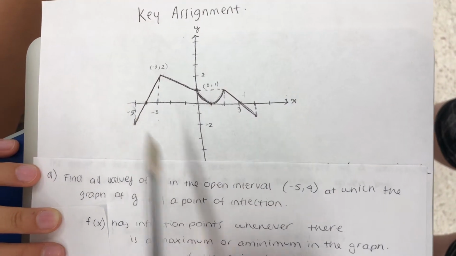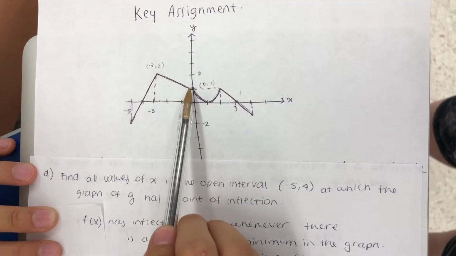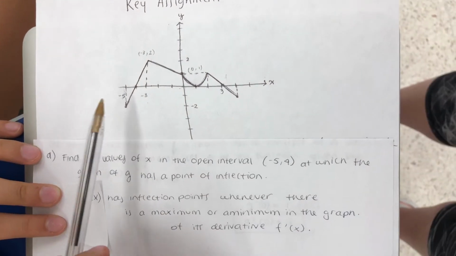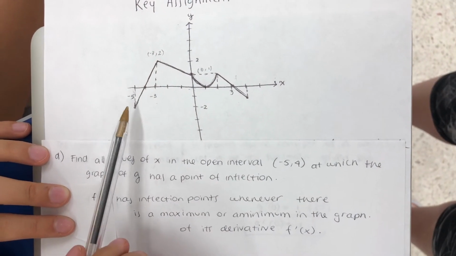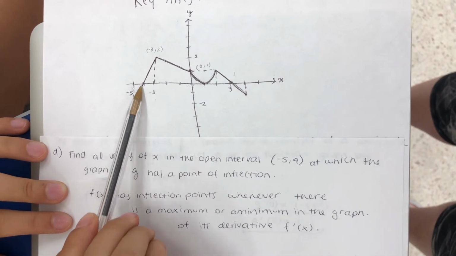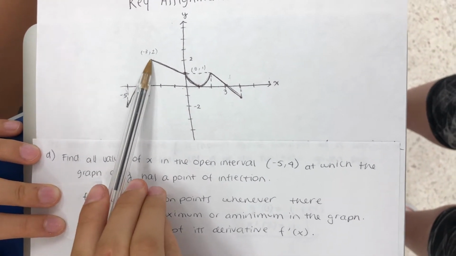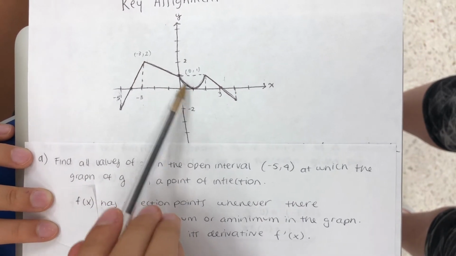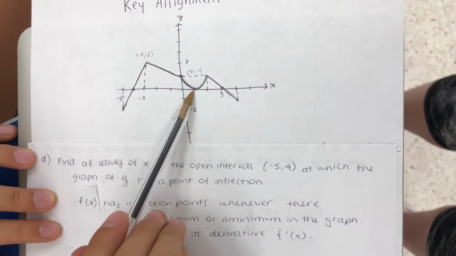So here in the graph, we can see that we have maximum and minimum points here, here, here, and here, because we see in the graph that whenever the function increases and starts to decrease, we will find a maximum, and whenever the function is decreasing and begins to increase, we will find a minimum.